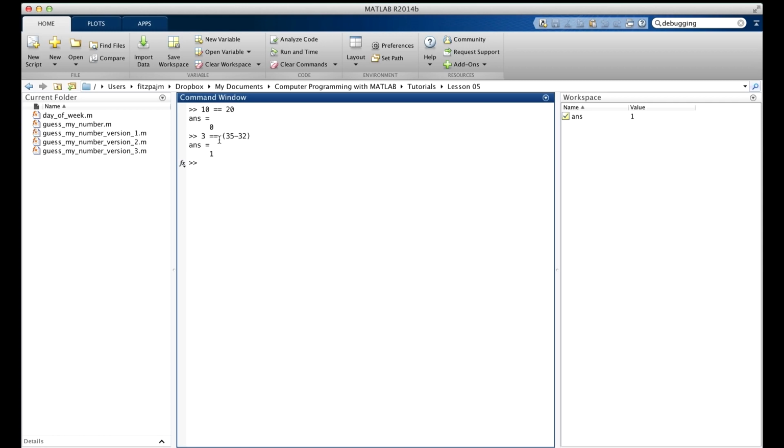In the second example, we found that the value of the expression 3 double equals 35 minus 32 is 1, because 35 minus 32 is 3, and so 3 double equals 3 is true. And when the double equals operator finds that its first operand is equal to its second operand, it returns the value 1, which means true.